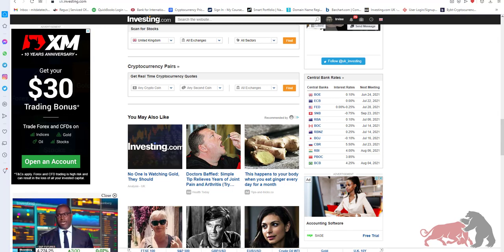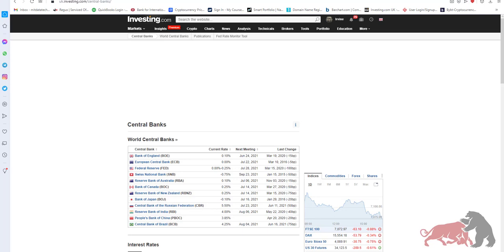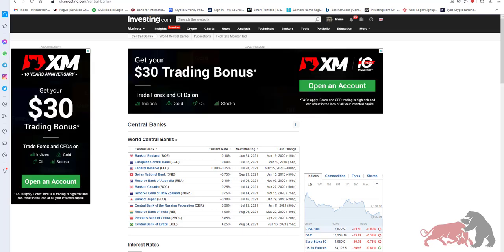When you look at the central bank interest rates, you need to apply the criteria that we use when dollar is bullish, right?